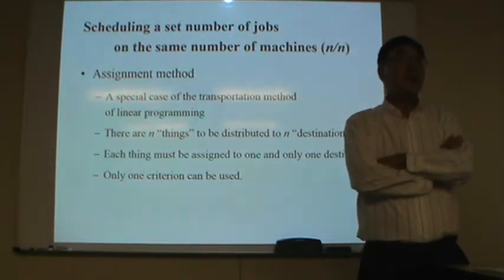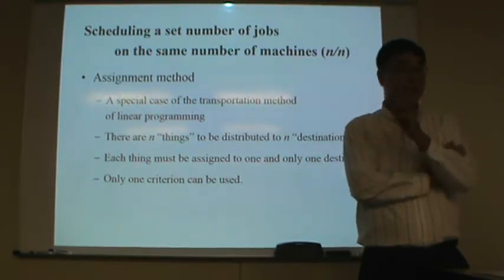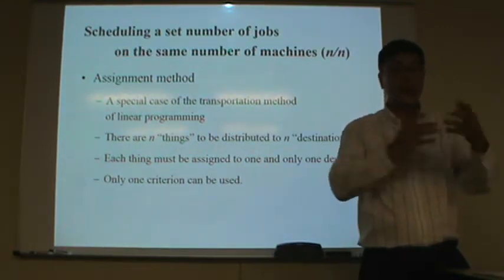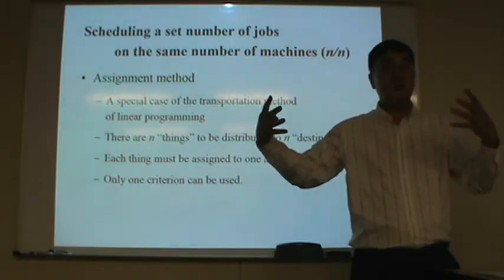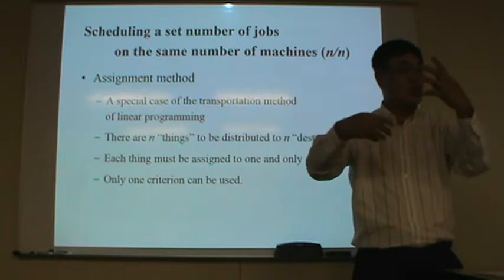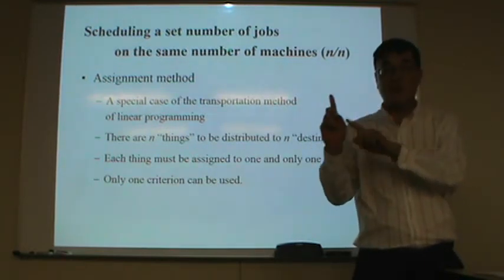Last time when we talked about location, I covered briefly the transportation method: multiple suppliers, multiple destination customers, and how we can match them to make it cheaper, faster, better.